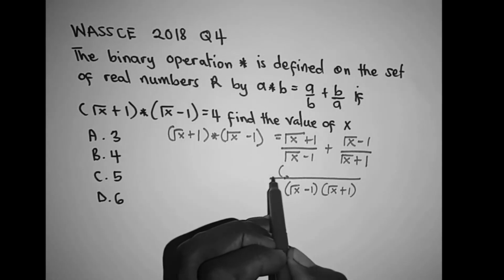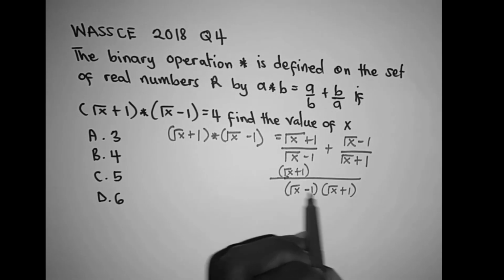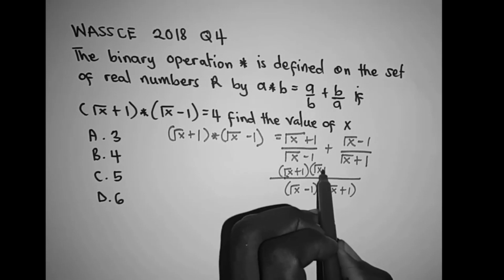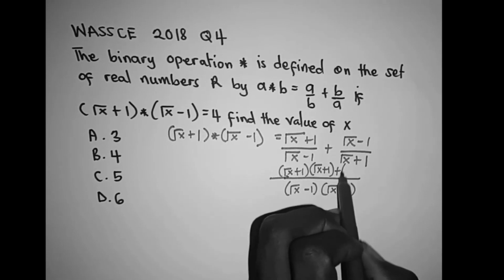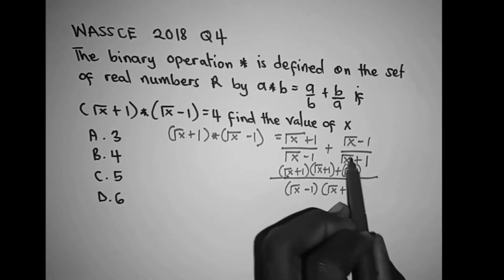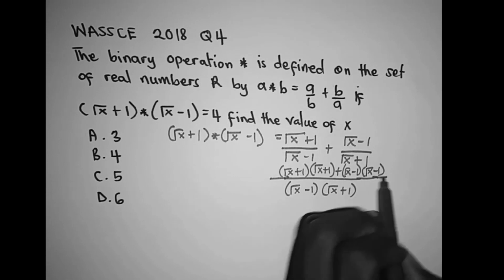So this side becomes root x plus 1, and this one and this cancels. Root x plus 1 plus another bracket root x minus 1, and this cancels. We are left with root x minus 1.